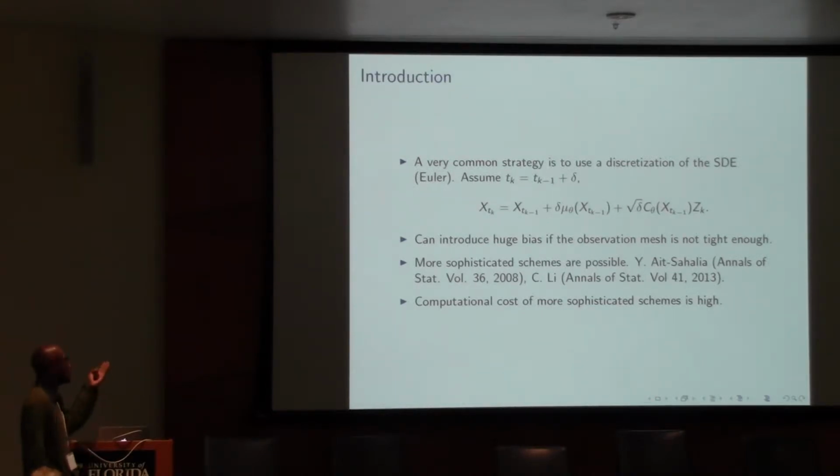But obviously, if the observation mesh is not tight enough, that will introduce a lot of bias. There are much more sophisticated ways, pushed recently in these works, to stay close to the continuous-time diffusion, but the computational cost increases quite heavily.